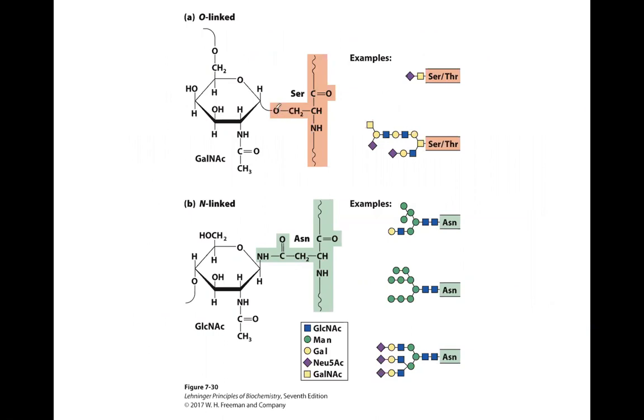So you can see serine, oxygen, attached to the anomeric position of galactosamine here, N-acetylgalactosamine. And here is asparagine, the nitrogen of the asparagine is attached through the anomeric position to N-acetylglucosamine. So glycoproteins can be O-linked or N-linked, okay?